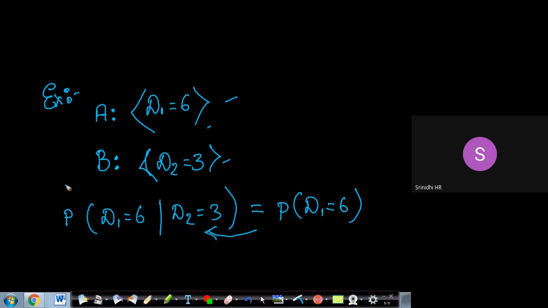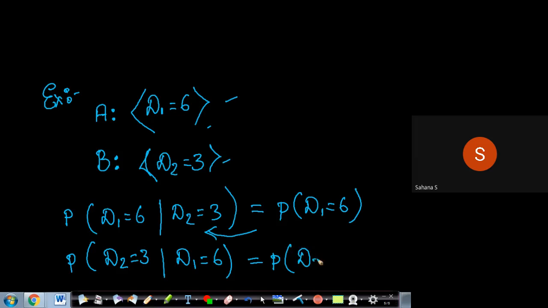Likewise, can anybody tell me how B is independent for the same example? The probability of D2 equals 3 given D1 equals 6 is equal to the probability of D2 equals 3.